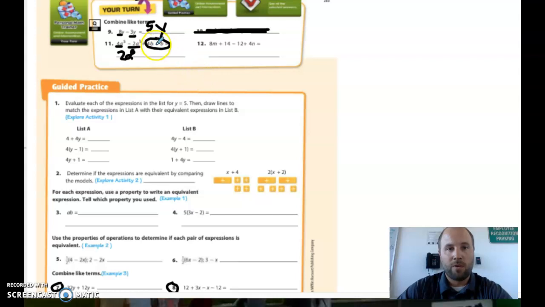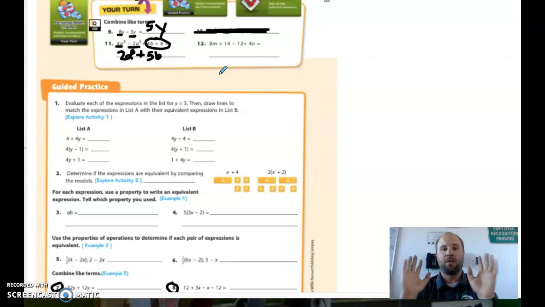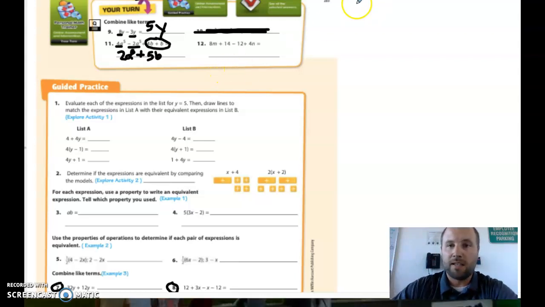I've got 4b plus another b, that's going to be a positive 5b. Don't let those exponents, I know they look big, but once you notice the exponents match, you can ignore them. You're just focusing on doing the math and combining those terms, and then you know the exponent's going to be the same.